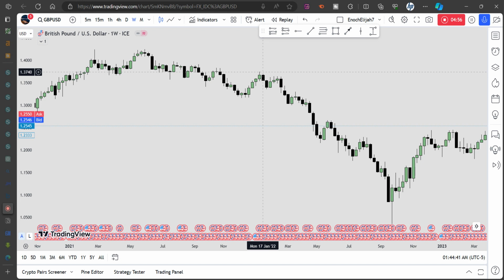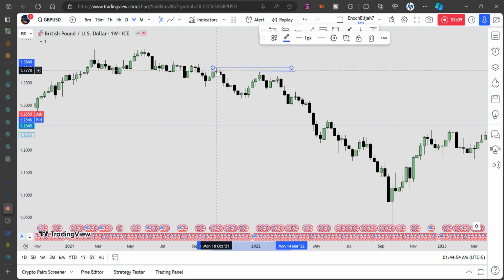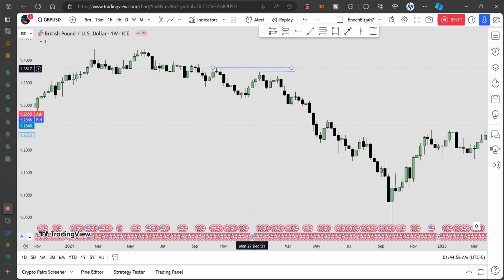Let me show you. You have this high, right? If you link this high with this previous high, you can see that the previous one is higher, way above it.